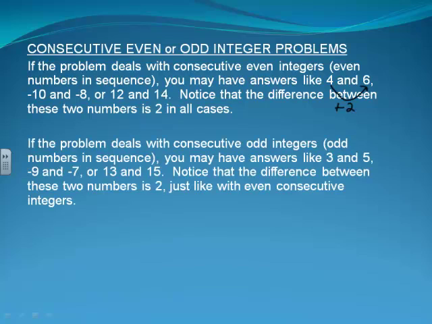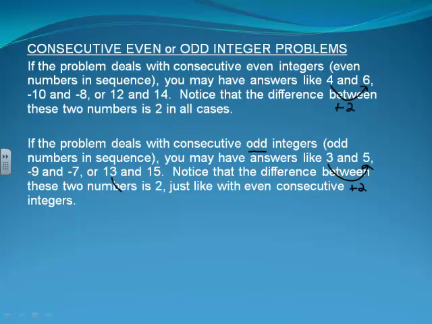If the problem deals with consecutive odd integers, odd numbers in sequence, then you might have an answer like 3 and 5, or -9 and -7, or 13 and 15. Again, just like with even numbers, notice that the difference between the two numbers is not 1, but it's 2. So, for example, to go from 3 to 5, you'd have to add 2 to get to that.